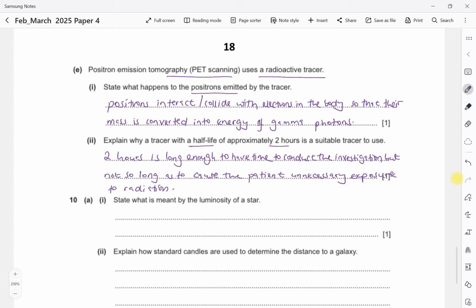That means the time is long enough for the scan to take place. But also 2 hours is not so long for the radiation to remain in the body for a long period of time. So the patient will not be exposed to radiation for too long, because 2 hours is not so long for the radiation to cause damage to the patient.